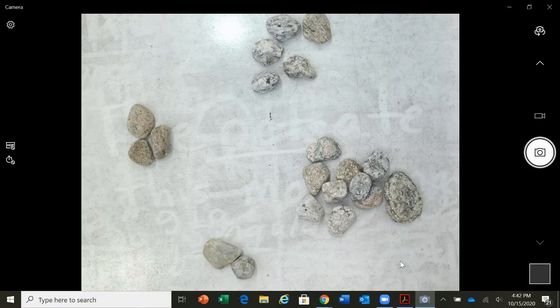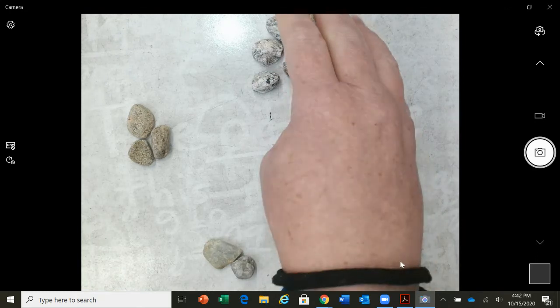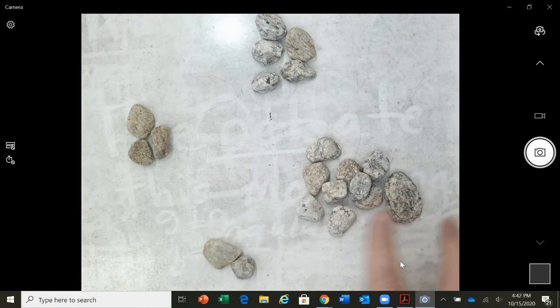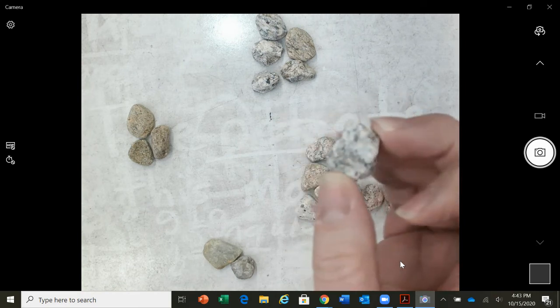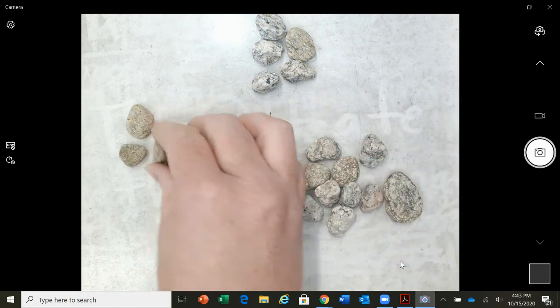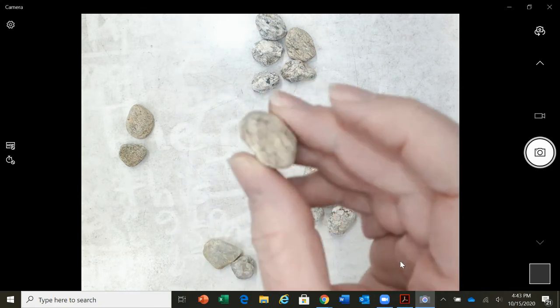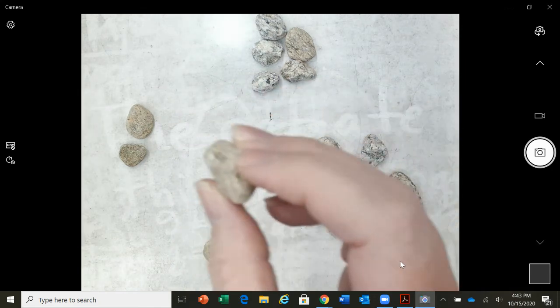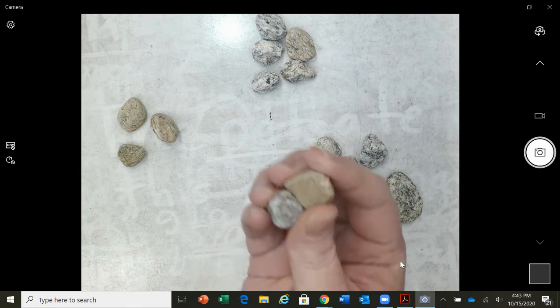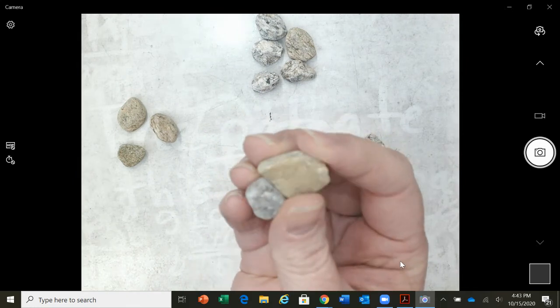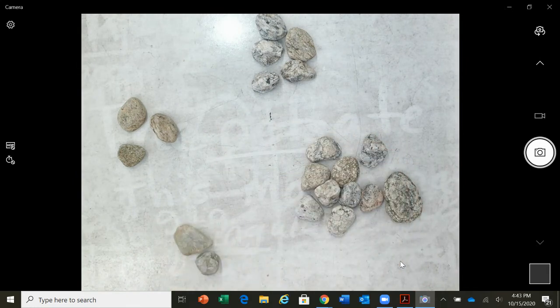So these are different patterns. I have lines on this one, spots. If you see, it's got dots on it. This one is kind of its own pattern. It's almost a solid color, and these are also really solid colors. They don't really have spots. So this is by pattern.